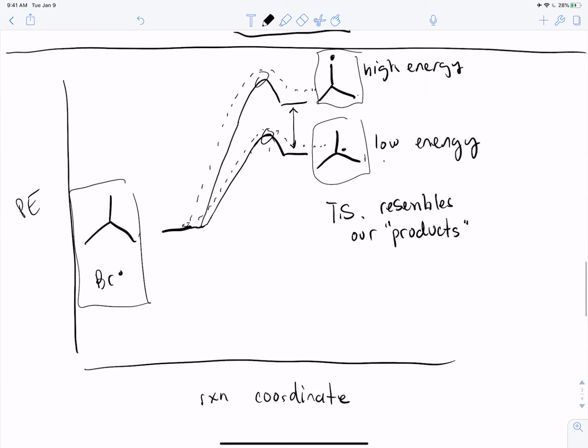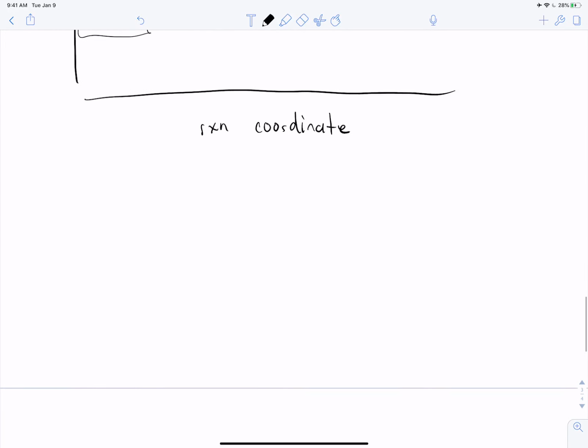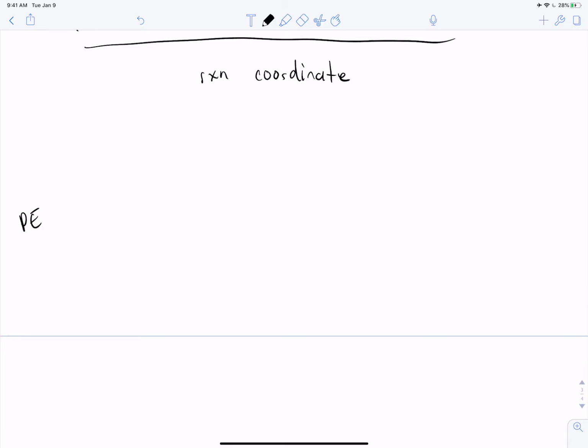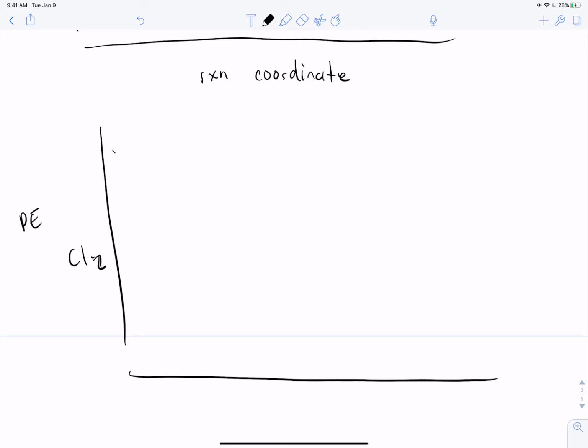Now, if we look at a diagram for chlorine, we've got a potential energy axis. Again, we have a reaction coordinate. Everything is the same. The only thing that we're changing here is that now we're going to put in chlorine radical. The difference between chlorine and bromine is that chlorine is actually much less stable, so it's a higher energy radical.